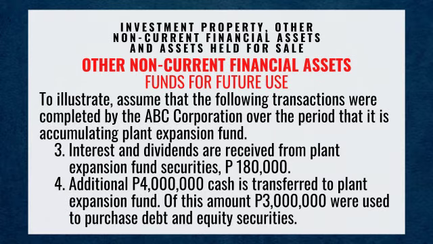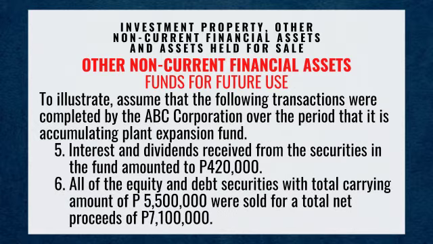Number 3, interest and dividends are received from plant expansion fund securities for 180,000 pesos. Number 4, additional 4 million pesos cash is transferred to plant expansion fund. Of this amount, 3 million pesos were used to purchase debt and equity securities.